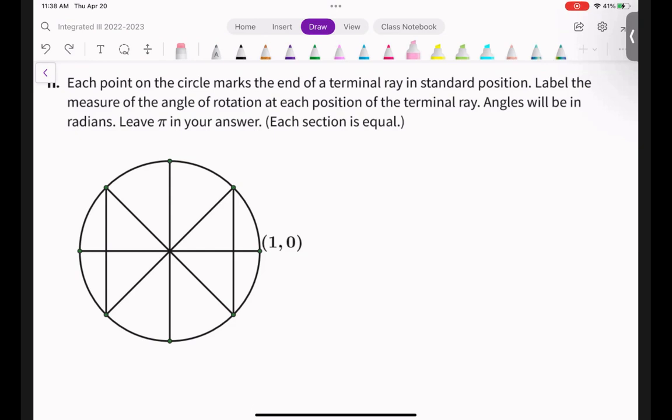Yeah, so someone says, I know a whole circle is 360, so I divided that by 8 since it's 8 sections to get 45 degrees. Okay, so this is why I like radians better. So I'm going to say the same exact thing that this person said, except I'm going to change that out for radians.